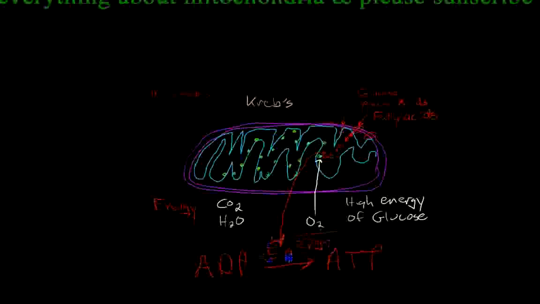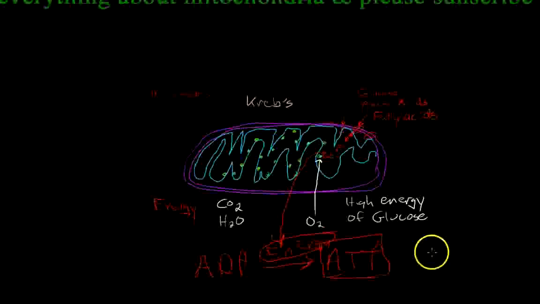So the whole goal of releasing energy from glucose, amino acids, or fatty acids is to store it in a high energy bond, by a third phosphate group being added to adenosine diphosphate and turning it into adenosine triphosphate.